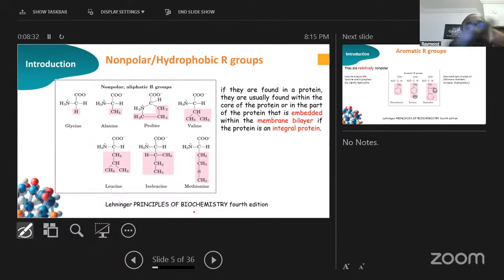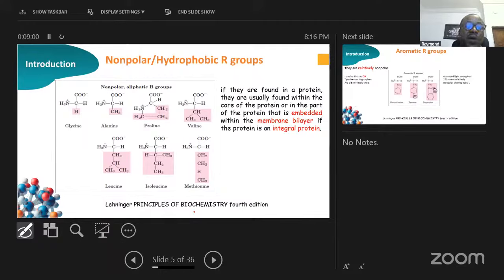So here we have the nonpolar hydrophobic R groups. These are R groups that are hydrophobic, that means they don't like water. If you put the amino acid in water, they will try as much as possible to withdraw, or we call it to sequester away from the aqueous environment. So we call them hydrophobic, nonpolar.